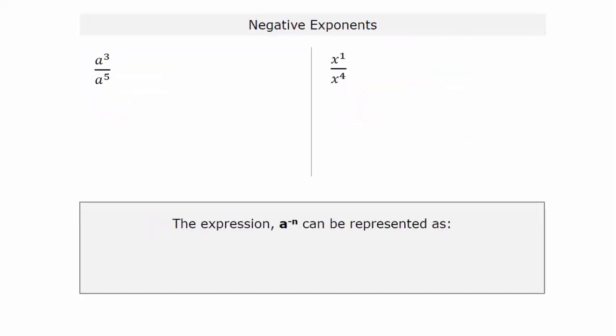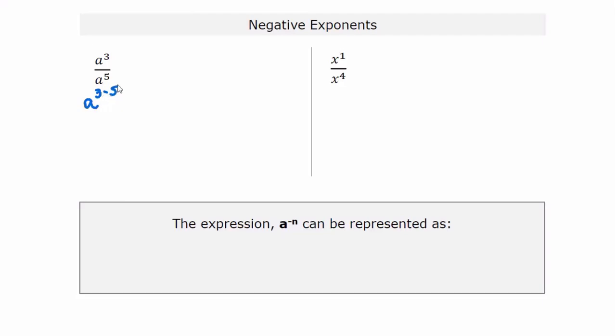Okay? All right, now let's look at negative exponents because that will happen. So if we take a look at a cubed divided by a to the 5th power. So when I divide, I subtract the exponents. So I get a to the 3rd minus 5, I'm going to do 3 minus 5 because I'm going to subtract the exponents.